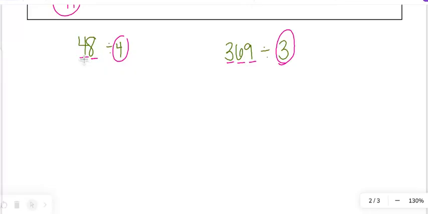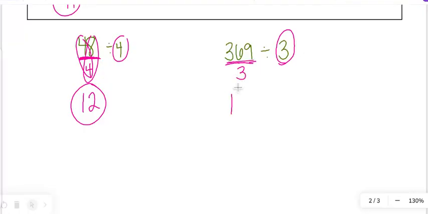In that scenario, I would actually use the shortcut to divide each individual digit by the number 4. So 4 divided by 4 is going to give you 1. 8 divided by 4 is going to give you 2. And so 12 would be your answer on that one. Or over here, if I divide this by 3, 3 divided by 3 is 1, 6 divided by 3 is 2, and 9 divided by 3 is 3. So 123 is what I would get in that scenario.